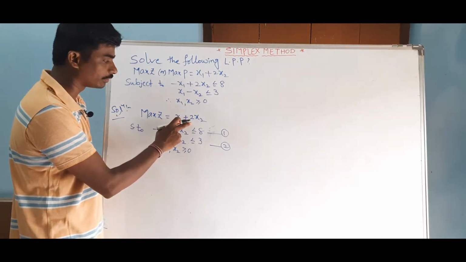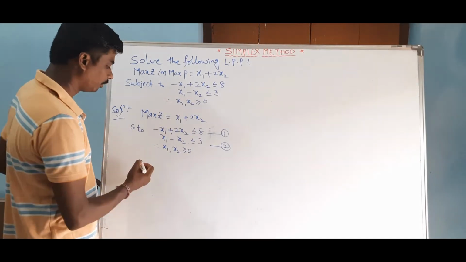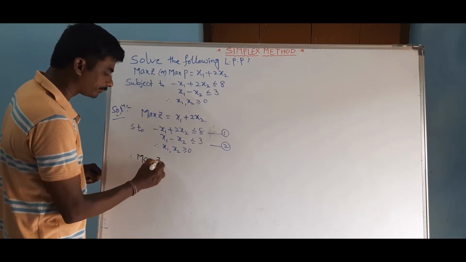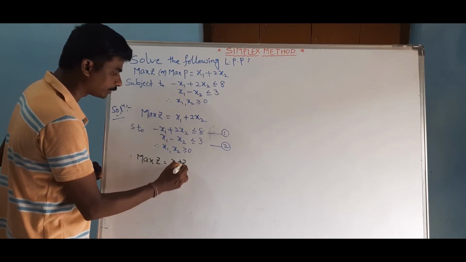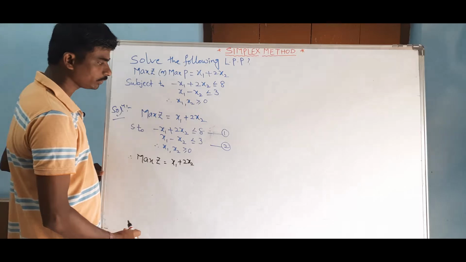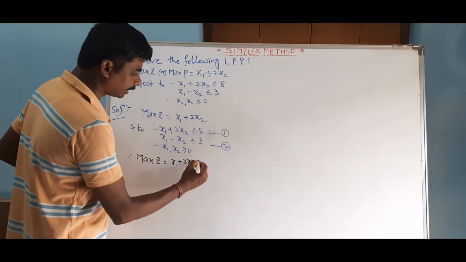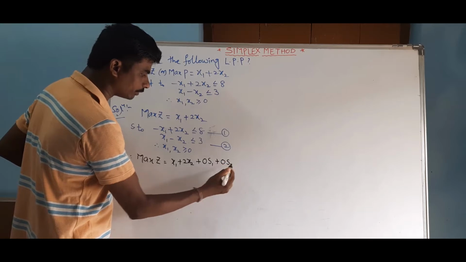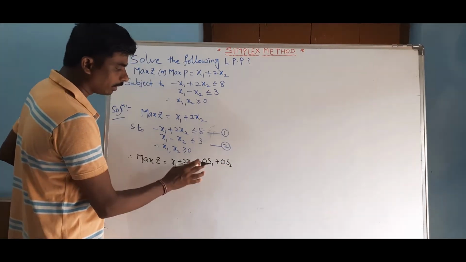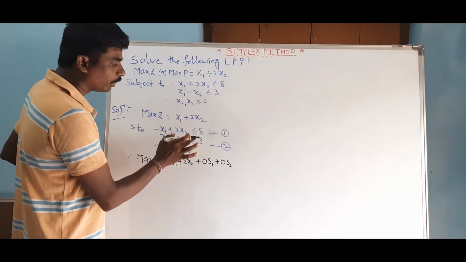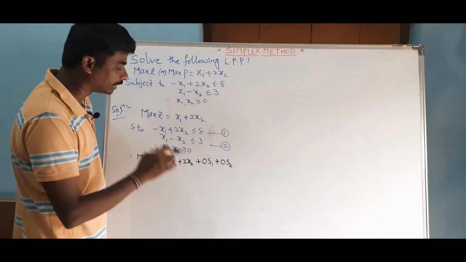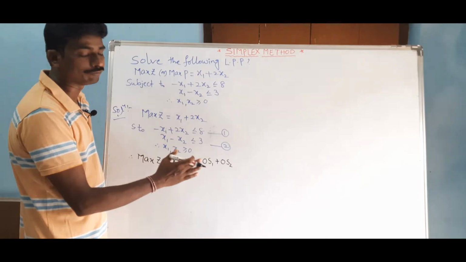Therefore, max z equal to x1 plus 2x2 plus 0 s1 plus 0 s2. This is the objective function. The cost is 0; 2 slack variables we introduce here. Then go to the standard form.